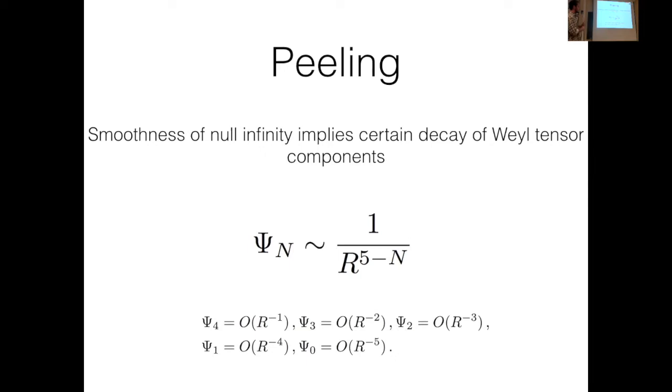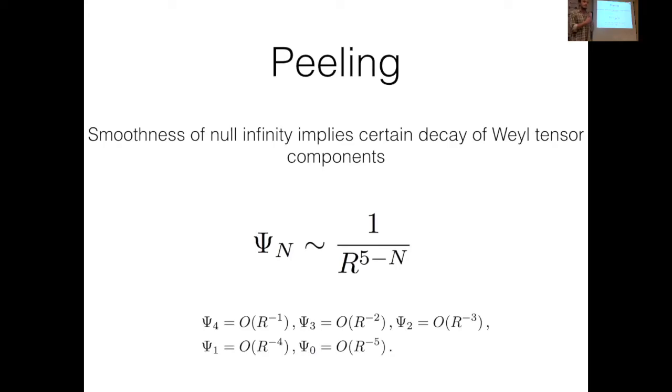These components are supposed to fall off, to have a certain decay that is increasing as you decrease this n that denominates the specific component you're talking about.